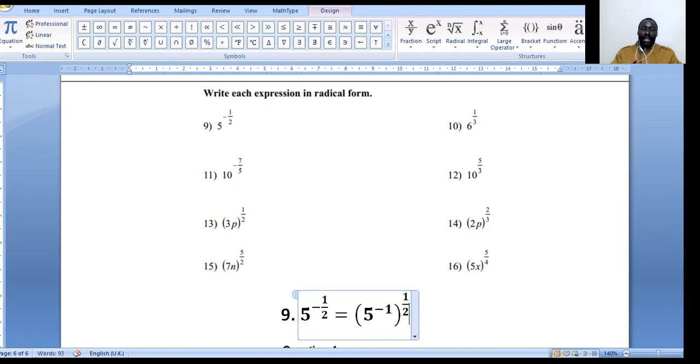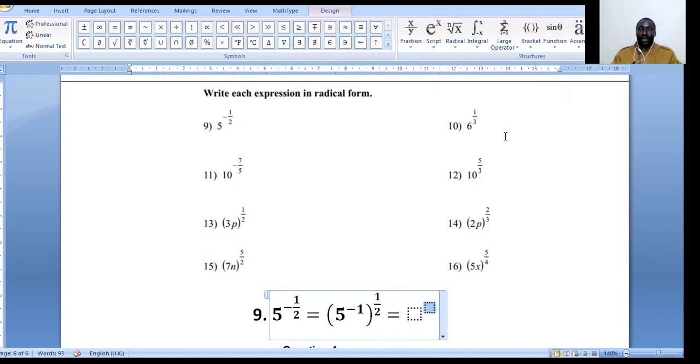Now notice that this can also be written as 1/5, not just 5. And so just one more step there. Outside here, we already have 1/5.